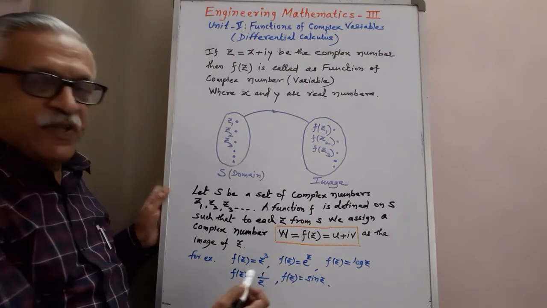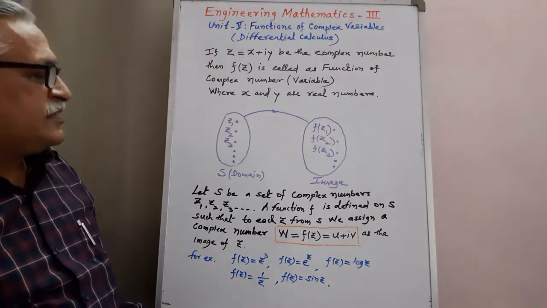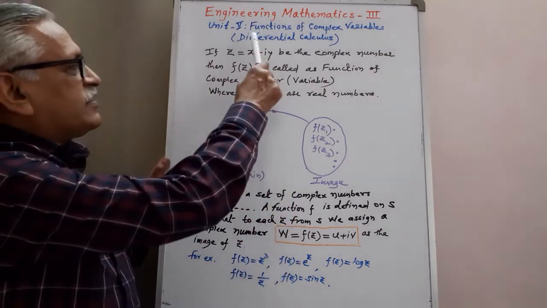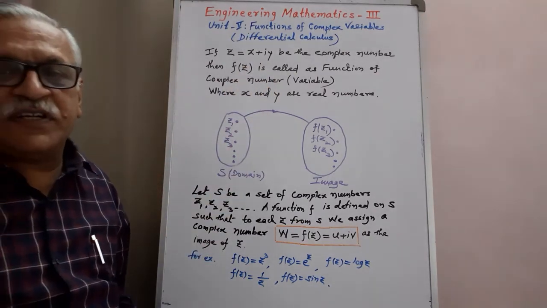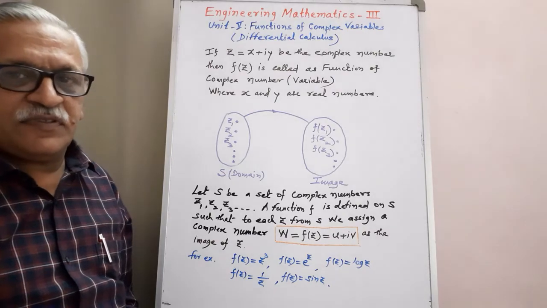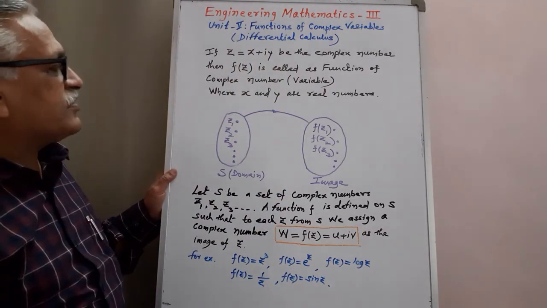All these are examples of a function of complex number or variable. In this chapter, we are studying how we can differentiate such functions and related theorems. That's why it is called differential calculus.